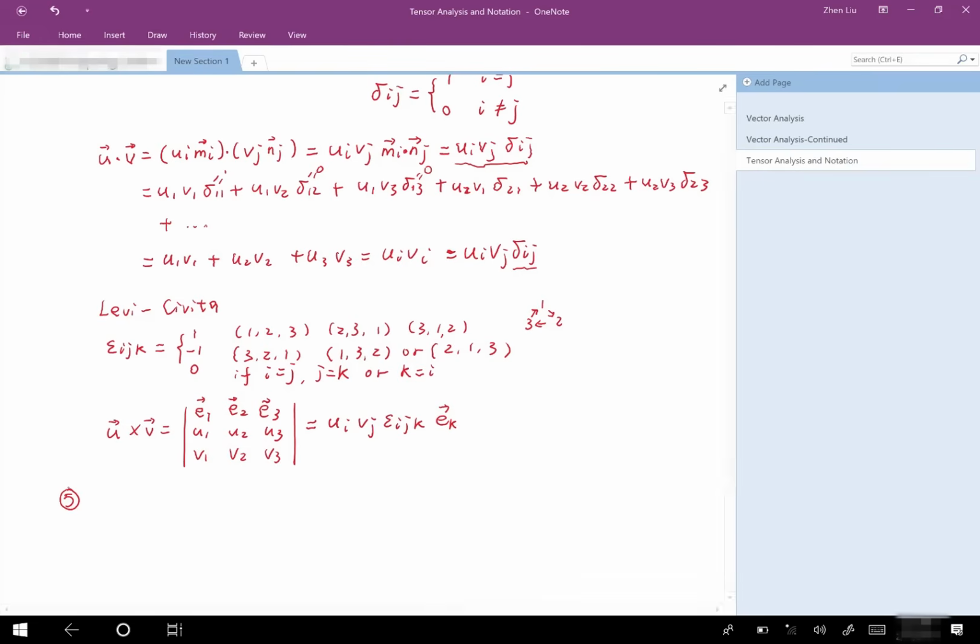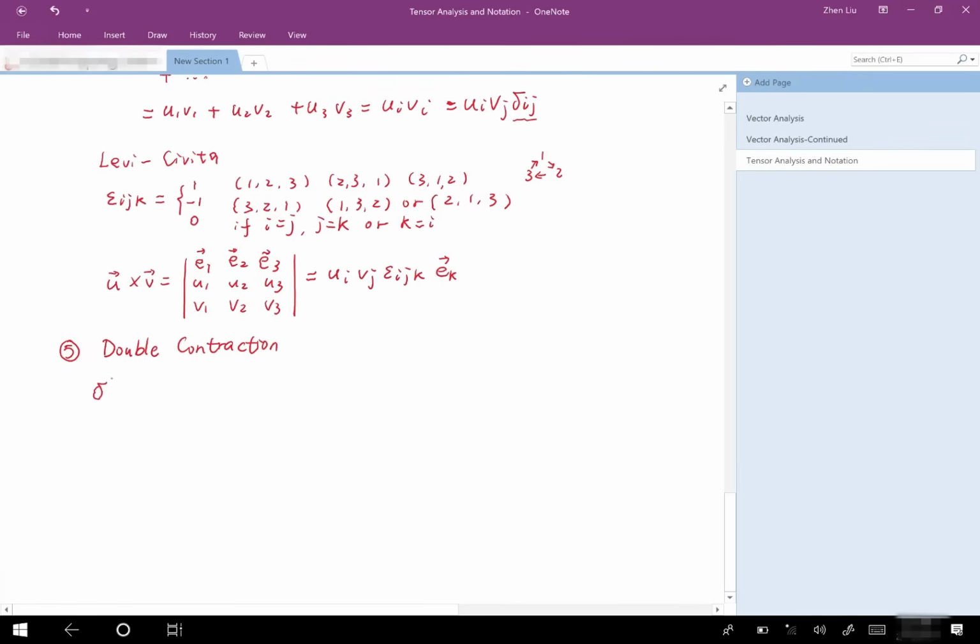Can everybody understand this? So now 2 dots means double contraction. But there are 2 ways of doing double contraction. There are 2 types of double contraction.